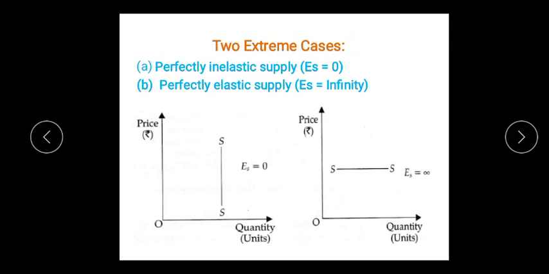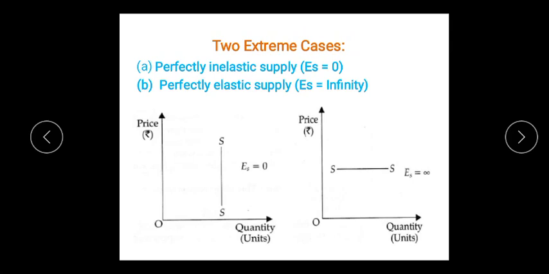Now, dear students, coming to the two extreme cases or rare cases of elasticity of supply, that is when elasticity of supply is equal to 0, and second, when elasticity of supply is equal to infinity.